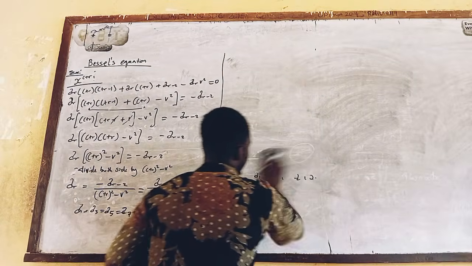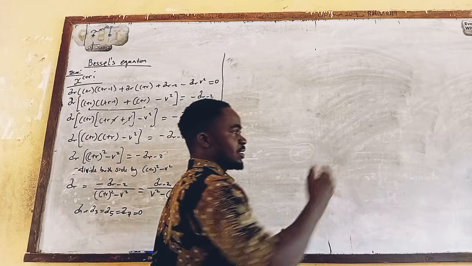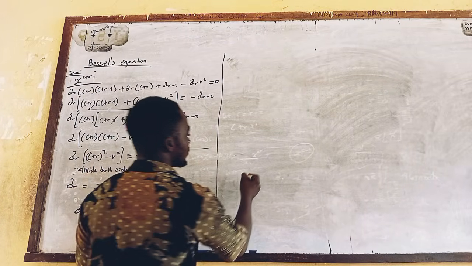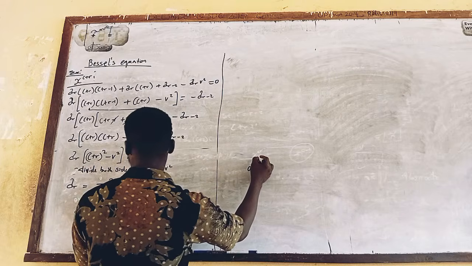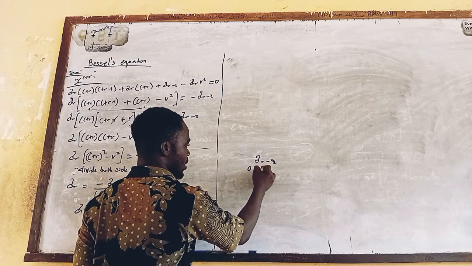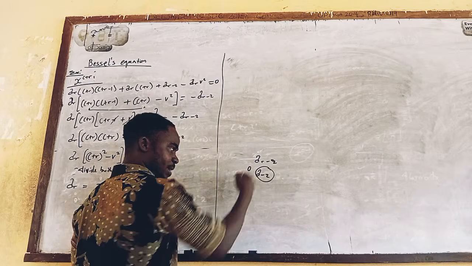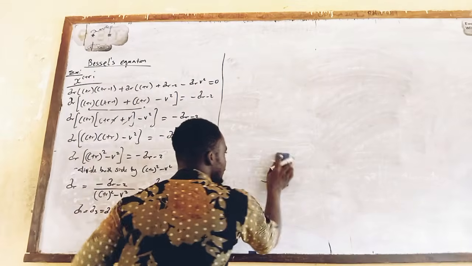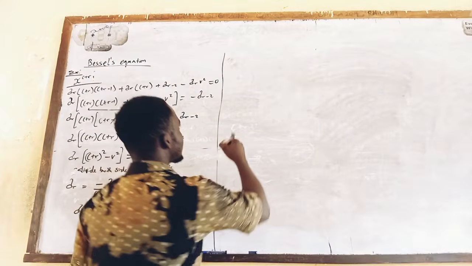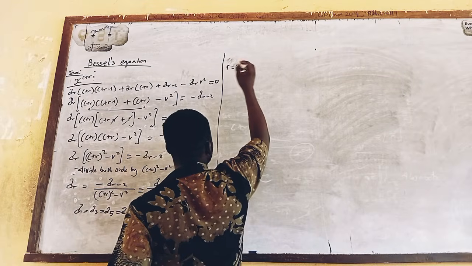So let's continue now. We are going to find the value of A2. We are going to start from A2. We cannot start from 0 because we have x raised to the power r minus 2. So if I say r equals 0, it will be minus 2, and it's not making sense. So we're going to start from when r equals 2.